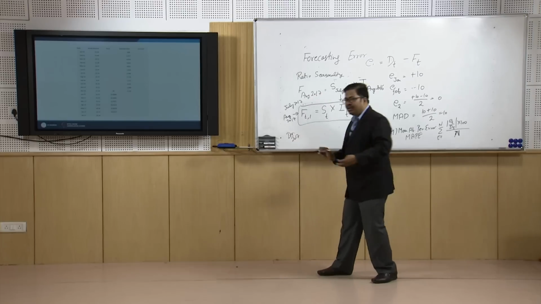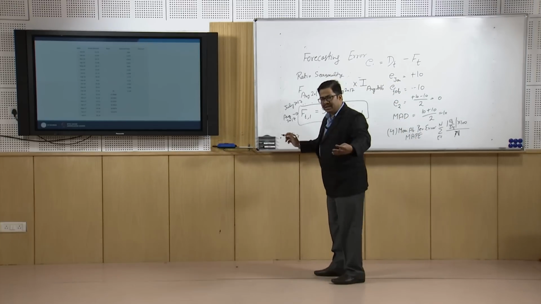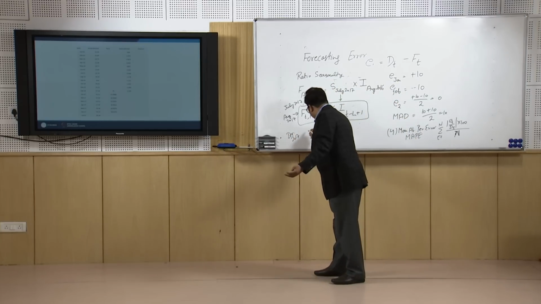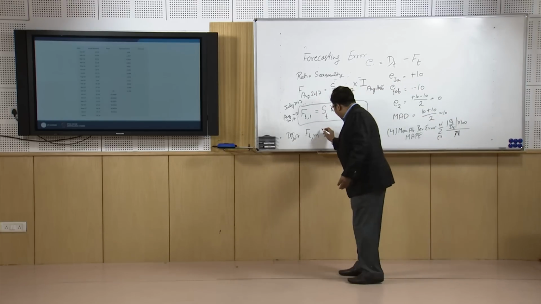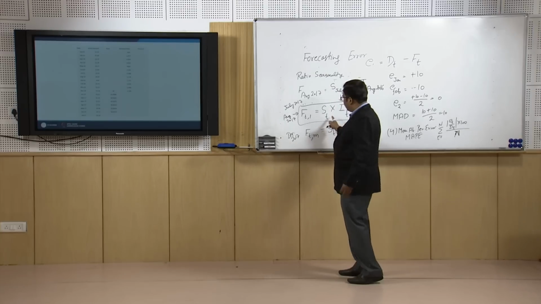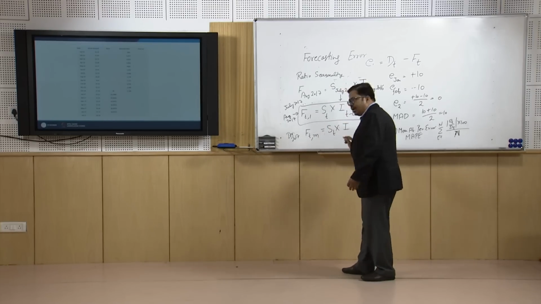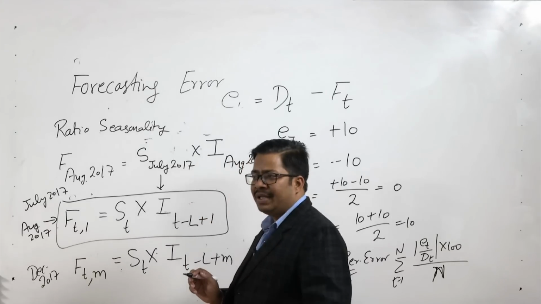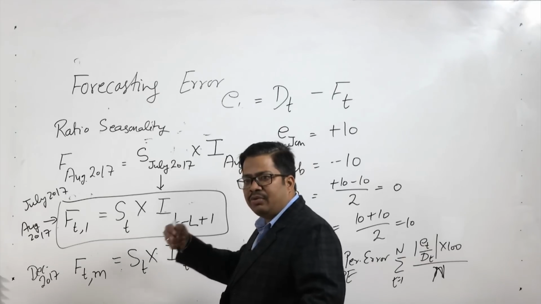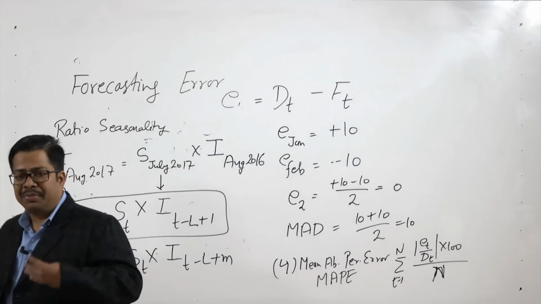If I want to determine the forecast for December 2017 or for any other month, October, November, December, etc., in that case I write that I want to determine the forecast M periods ahead, and that will be S T, that is the base of July 2017, multiplied by I T minus L plus M. That signifies that I want to determine the forecast M periods from the current period.